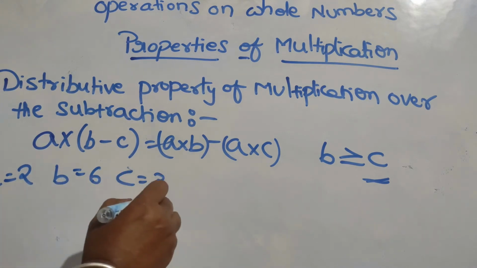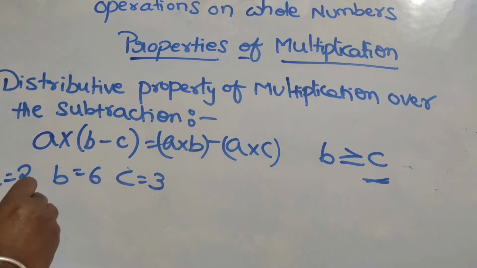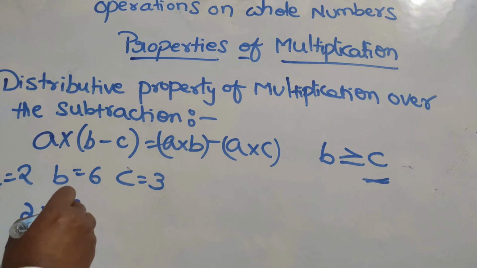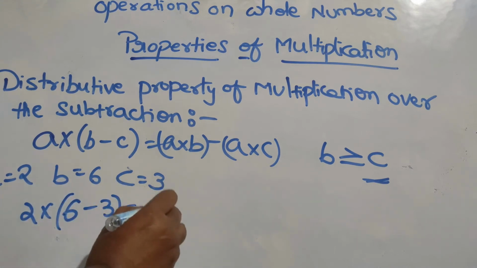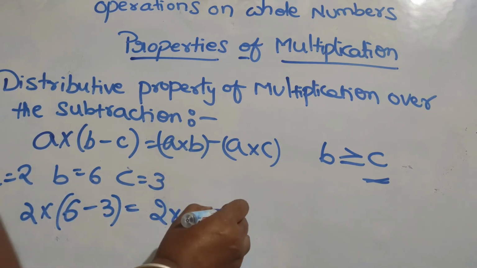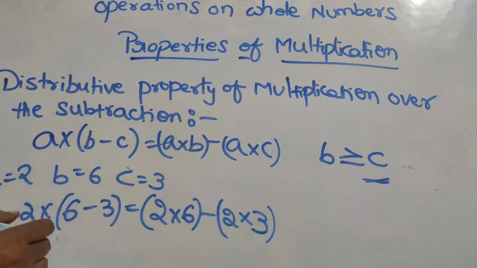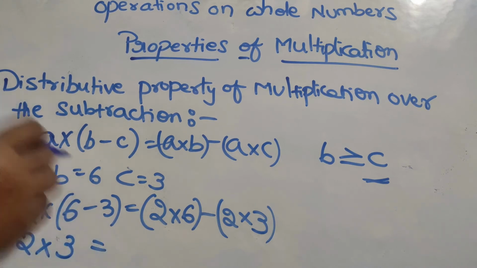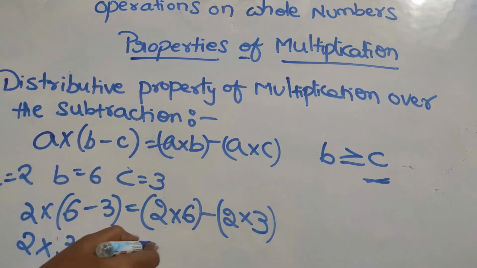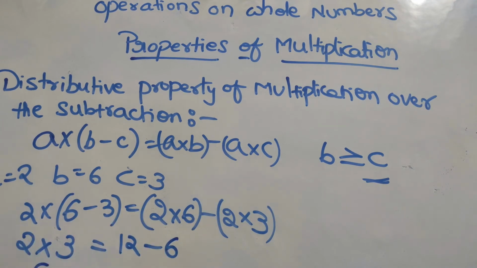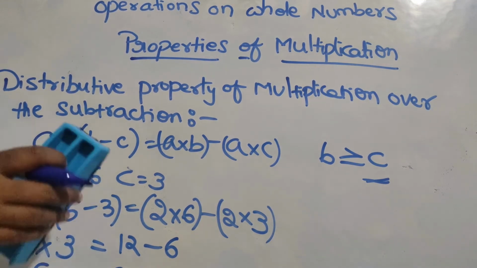Now 2 into (6 minus 3) is equal to 2 into 6 minus 2 into 3. 2 6s are 12 minus 2 3s are 6, 6 is equal to 6. This follows the rule when b is greater than or equal to c.